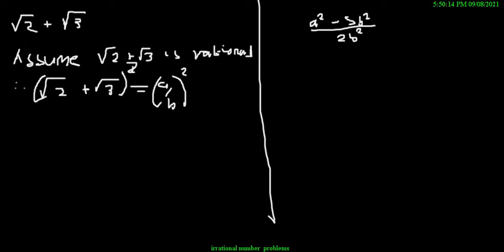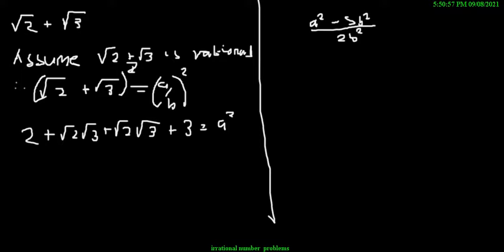Expanding, square root of 2 times square root of 2 is 2, plus square root of 2 times square root of 3, then square root of 3 times square root of 2 again, and square root of 3 times square root of 3 is 3. This equals a squared over b squared.